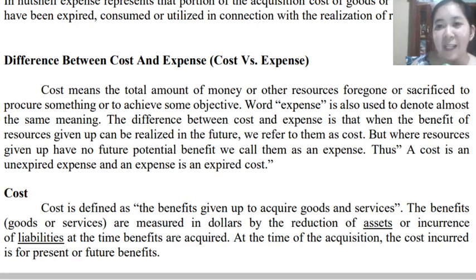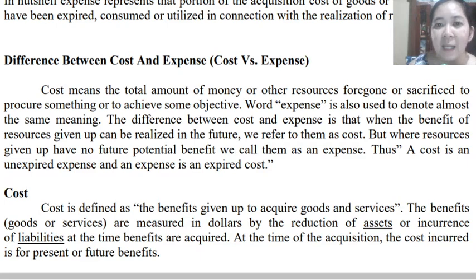In electricity, we only determine the amount of the electric bill due after a certain period in which you already consumed electricity. So upon paying the electric bill, there is no future benefit that you can get from that cost. That's why it's called an expense.